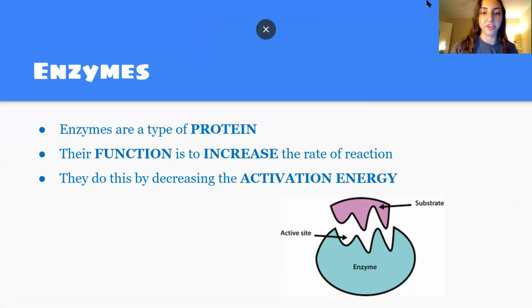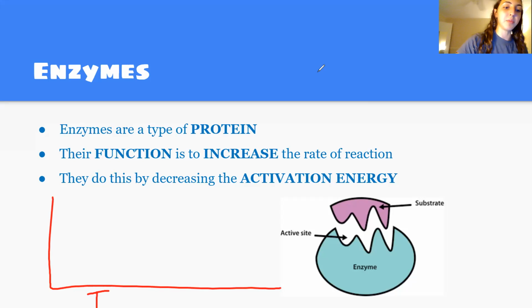But first, what do I mean by increasing the rate of reaction? I'm going to make a graph, and if you need to draw this too to remember, we can do it together. I have time on my x-axis and reaction on my y-axis.